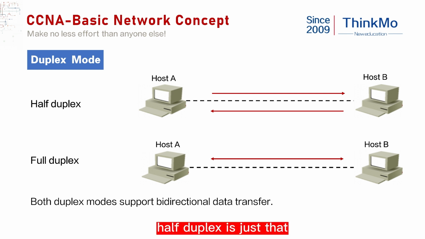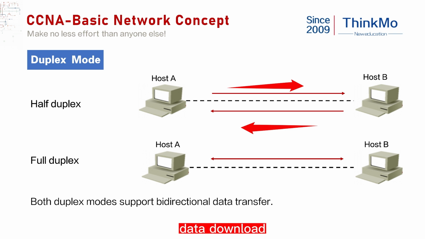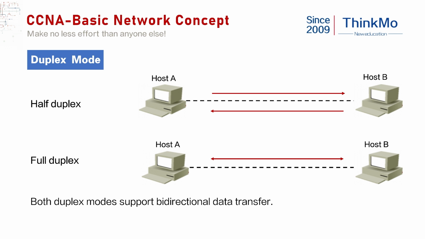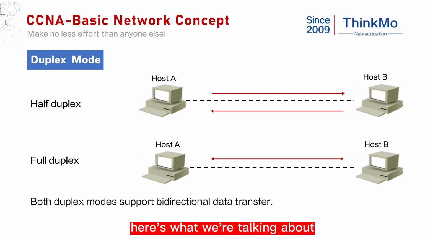Half duplex is just that. At the same moment, it does not allow us to perform both data upload and data download. On our physical transmission link, at the same time, there is only single-direction data transfer. Here's what we're talking about: technologies such as half duplex.